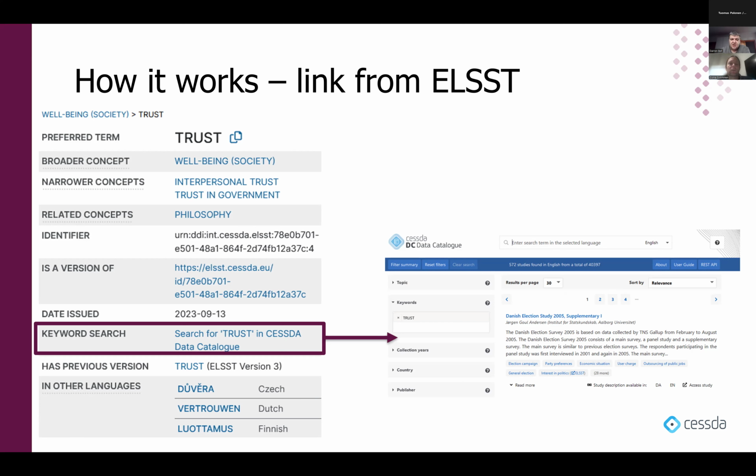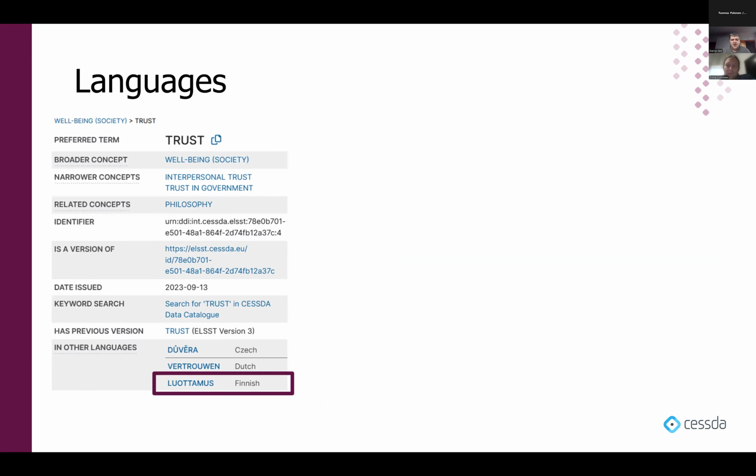So you can click on a hyperlink, search for trust in CESSDA data catalog, and that will bounce you over to the CDC and will show you all the data sets that have the keyword trust assigned. So it's not massively complicated, but in terms of a user journey, this is a really, really nice feature to implement between Skosmos and the CESSDA data catalog.